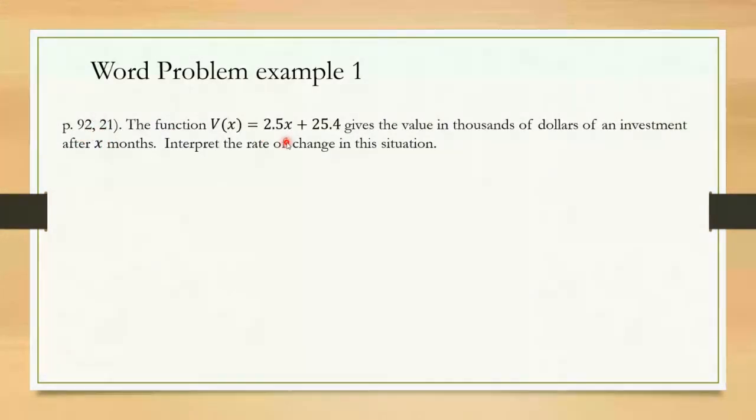So we have this function. Let's read it actually. The function v of x is 2.5 times x plus 25.4. This gives us the value in thousands of dollars of an investment made after x months. Well, let's interpret the rate of change in this situation.